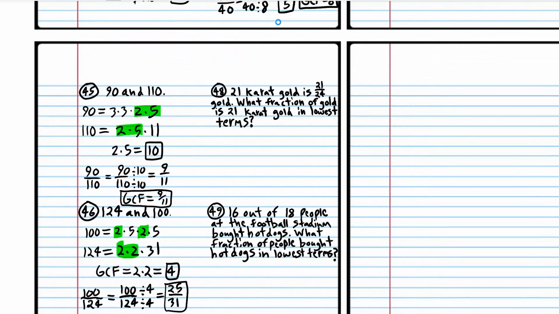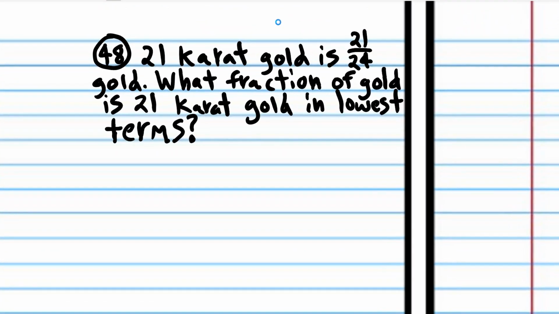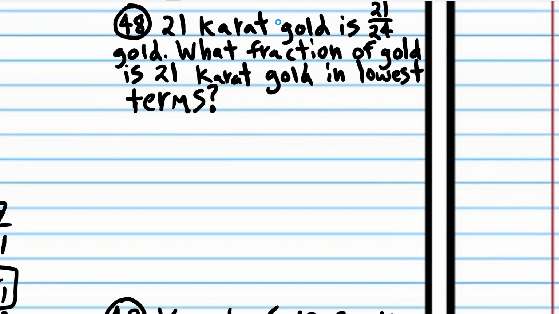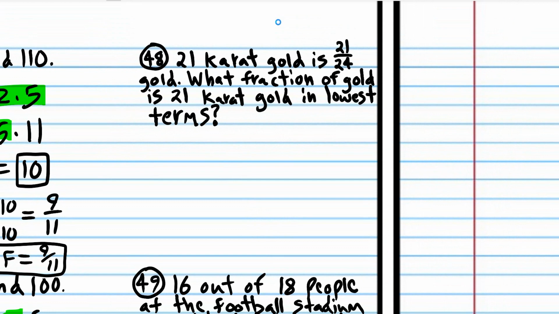Obviously, we always have to do word problems. So there are some corresponding word problems you can do with these reduction of fraction problems. Number 48: 21 karat gold is 21 24ths gold. Have you ever heard of 18 karat gold, 16 karat gold? Actually, I don't know if there's 18 karat, maybe. Carats, when you're talking about gold, is always out of 24 parts.